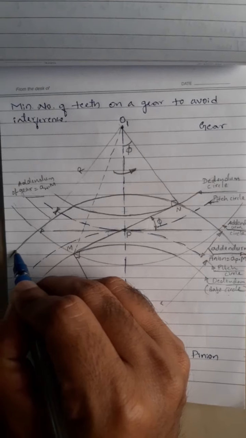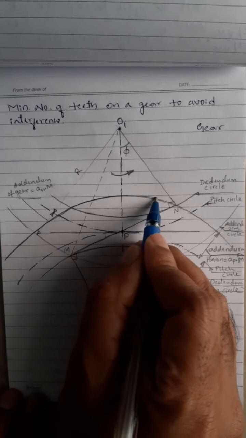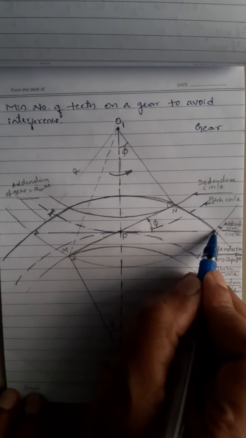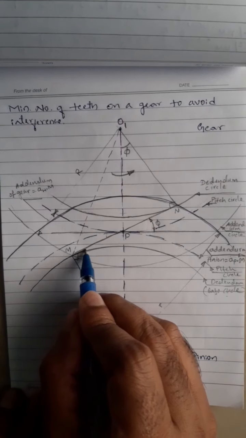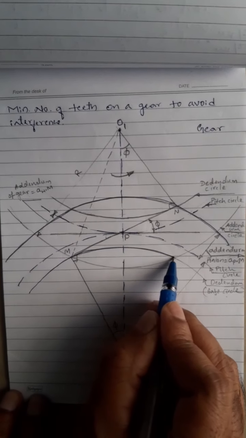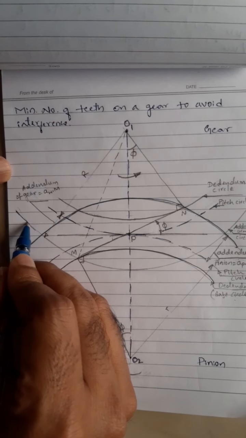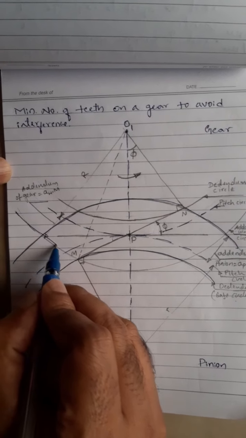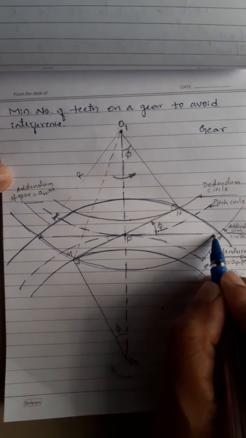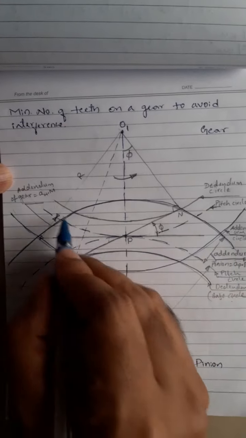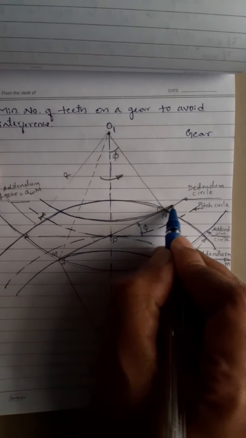This is the addendum circle of the pinion, and this is the dedendum circle of the pinion, and here we have the addendum circle of the gear, and this is the dedendum circle of the gear.